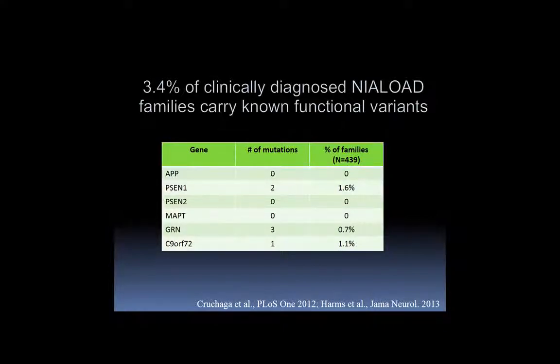Yes? So is that a loss of function? Do we know? No, I mean, there's a big argument, which I'm not going to go into, in the field about whether these mutations are loss of function or gain of function.